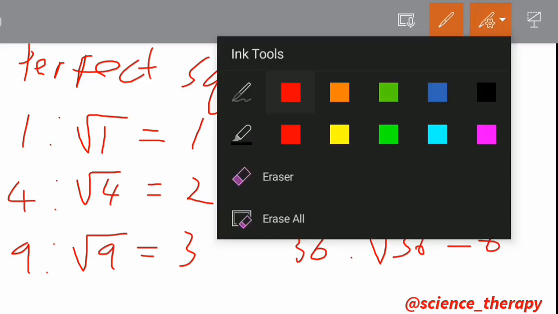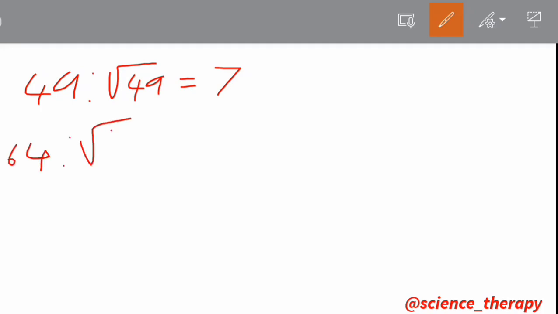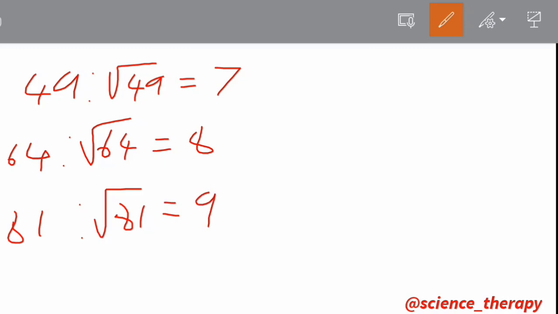And let's continue with the perfect squares. We also have 49, in a square root we have 7. Then 64, in a square root we have 8. Then 81, in a square root you have 9.